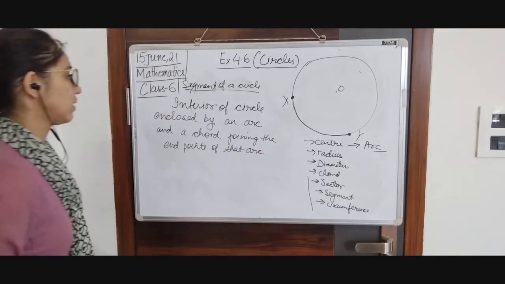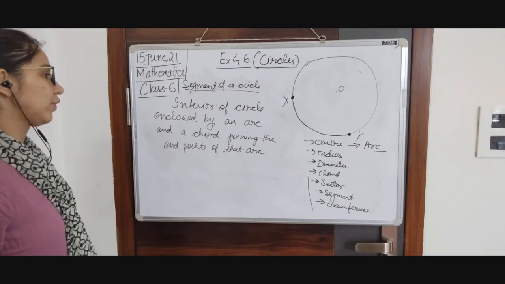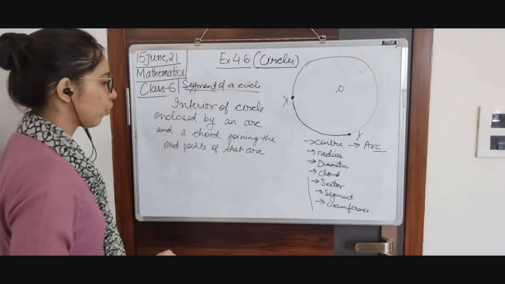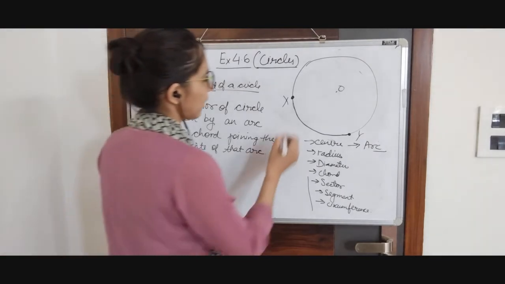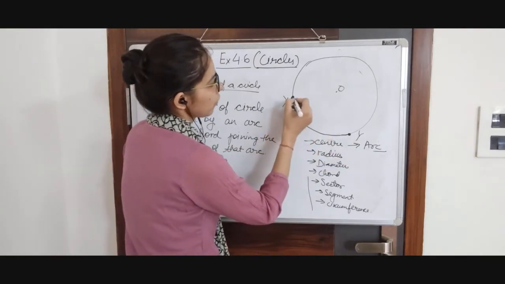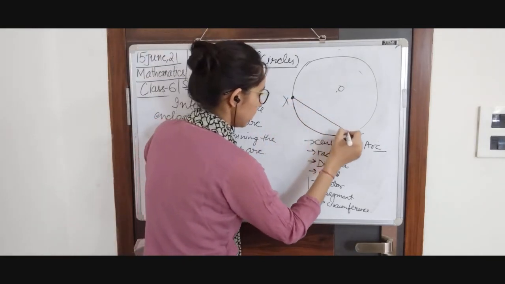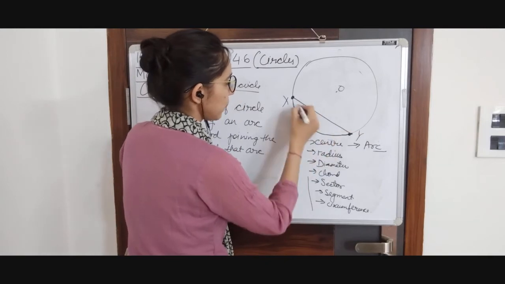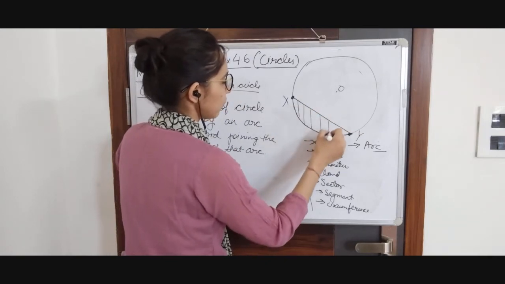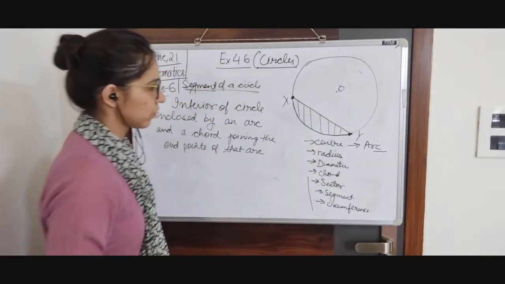What they are saying is the interior of the circle enclosed by an arc and a chord joining the end points of that arc. The end points are X and Y. So if we join it, this space that we are getting is known as a segment.